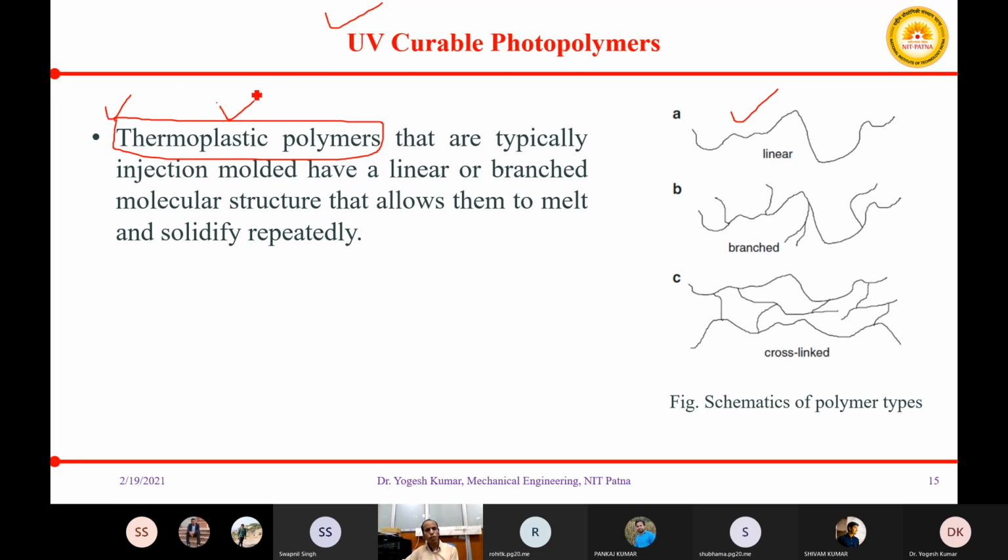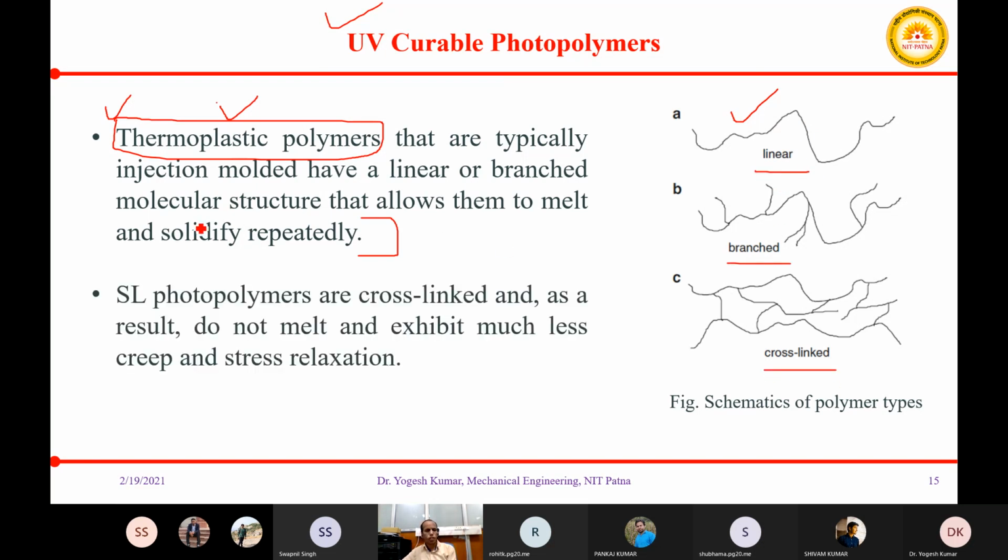What transformation goes on in thermoplastic polymers, we will look into in the next slides. The typical structures available in polymers are linear, branched, and cross-linked.